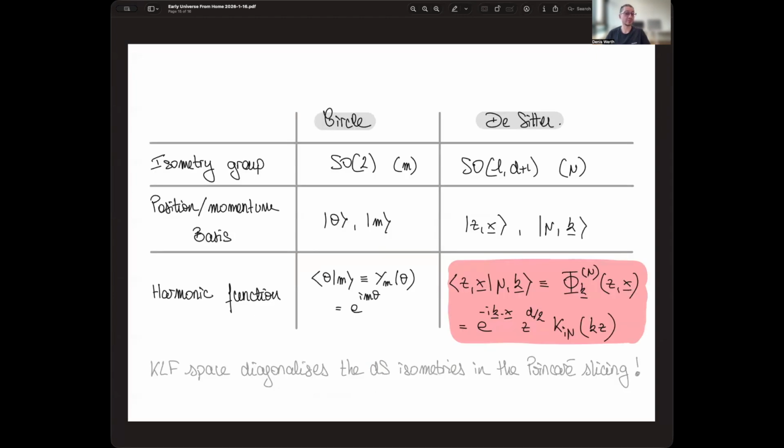We have finally completed the analogy table between the circle and de Sitter and identified the appropriate harmonic functions on de Sitter. So crucially, the constructed KLF space diagonalizes the de Sitter isometries in the Poincaré slicing. And so with this structure in place, Arthur will now show that KLF space is the natural framework for studying quantum field theory in de Sitter, both perturbatively and non-perturbatively.